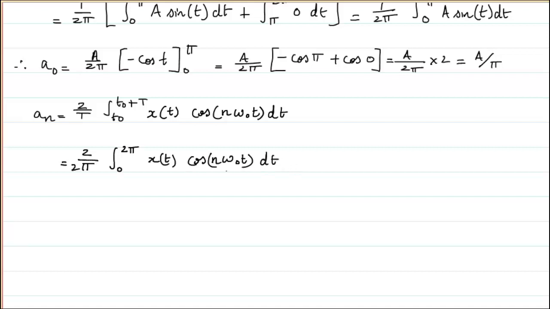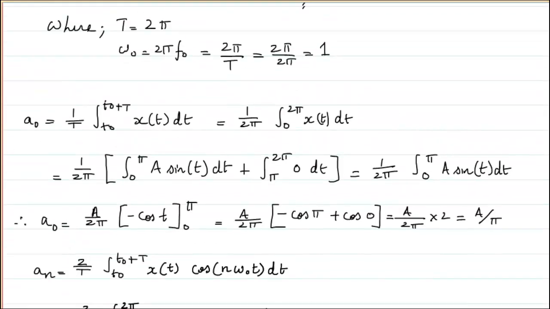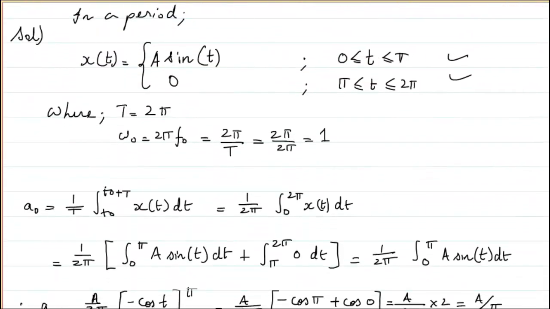Correct? From where again an I will write, 2 and 2 will cancel, so 1 by pi will come out, and then the remaining 0 to 2 pi I can split up into two parts, because x of t as given here is of two different parts, so that I have to take care.